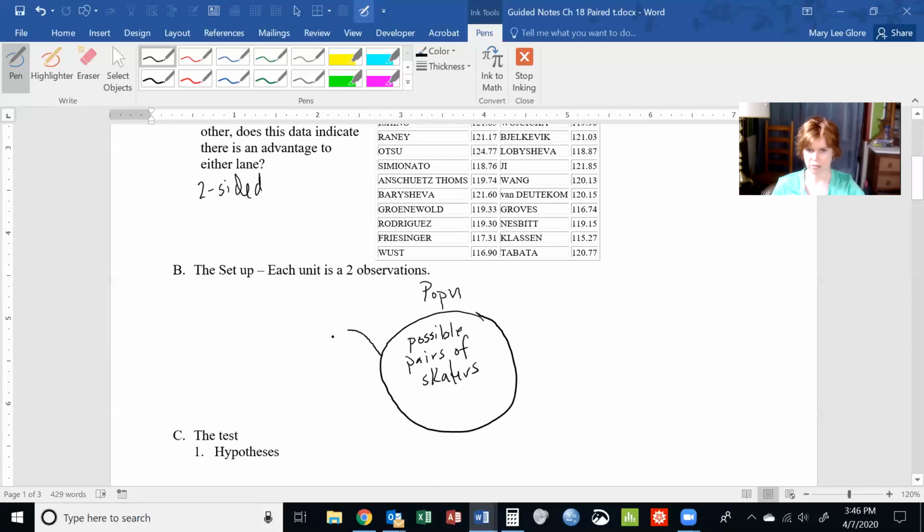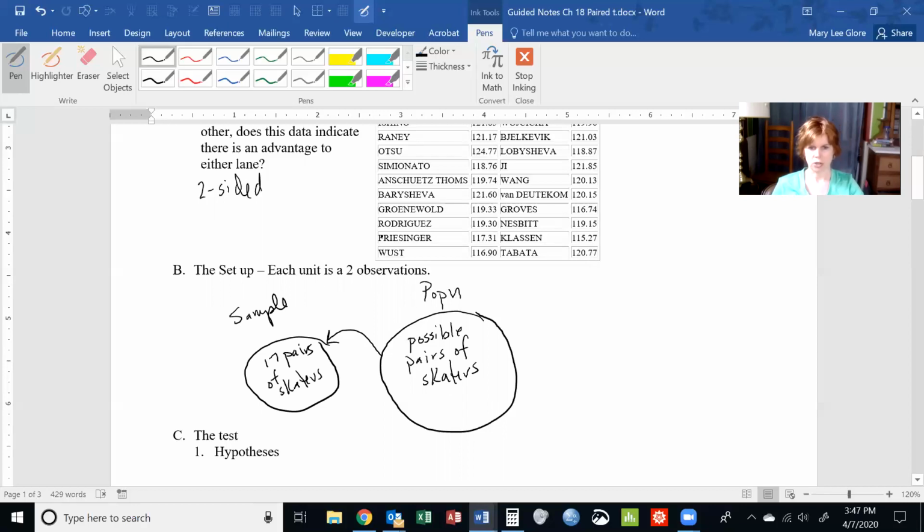This is what we have: a sample of 17 pairs of skaters. In this 1,500 meter race, all sorts of people could possibly win or make it, and then they're in these heats.